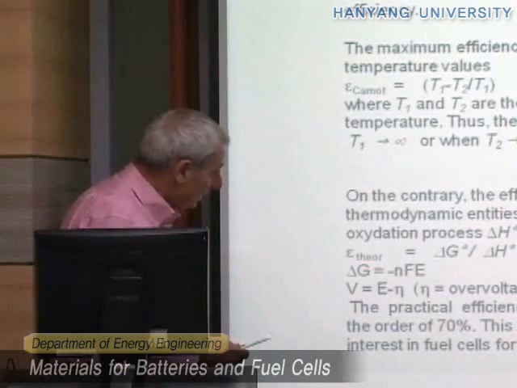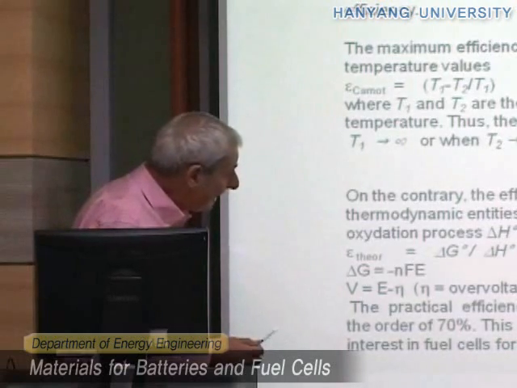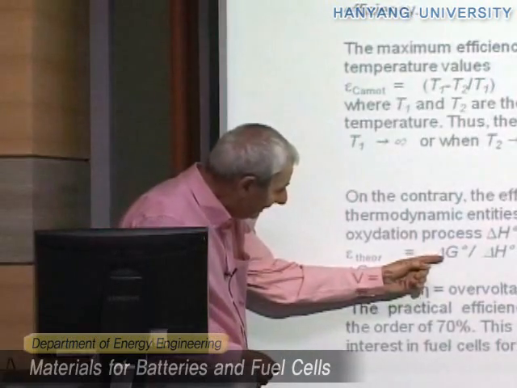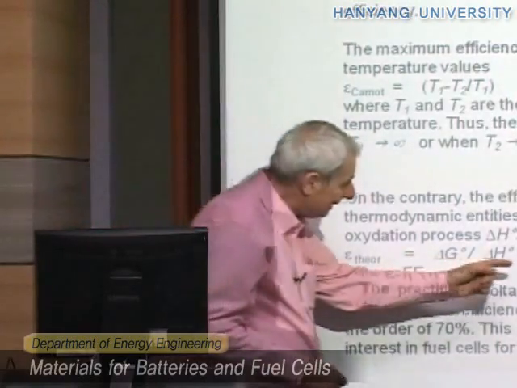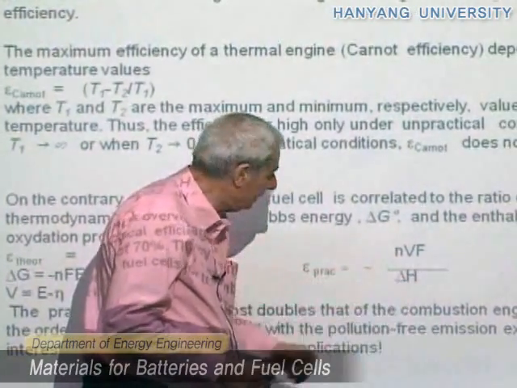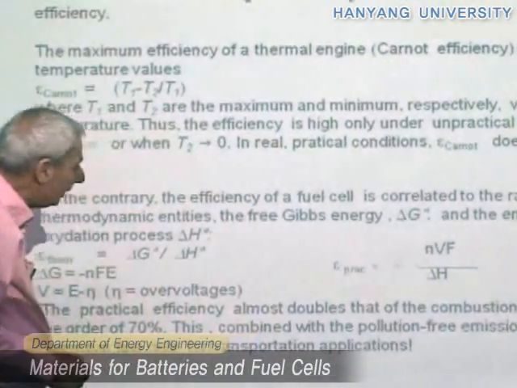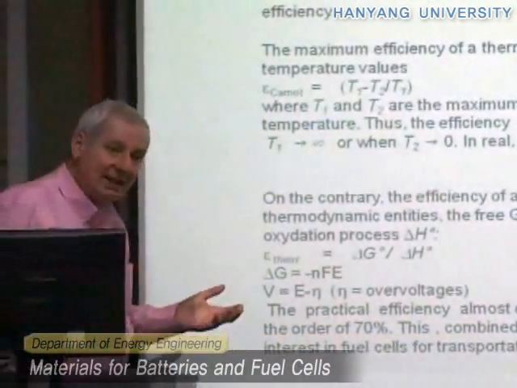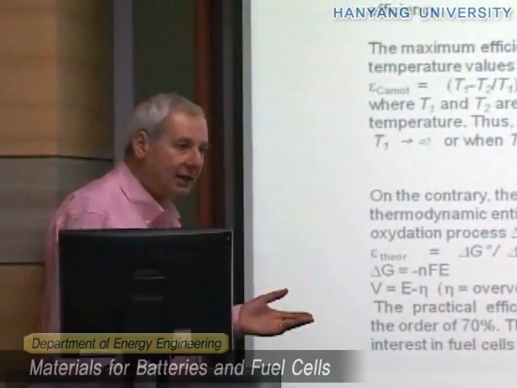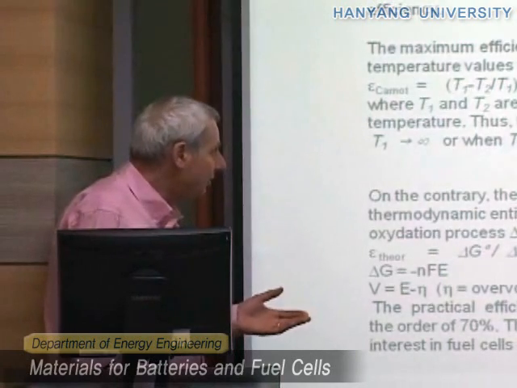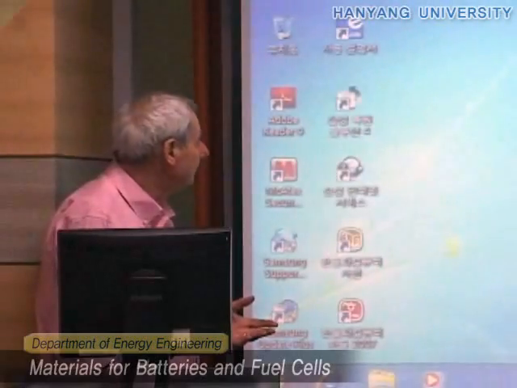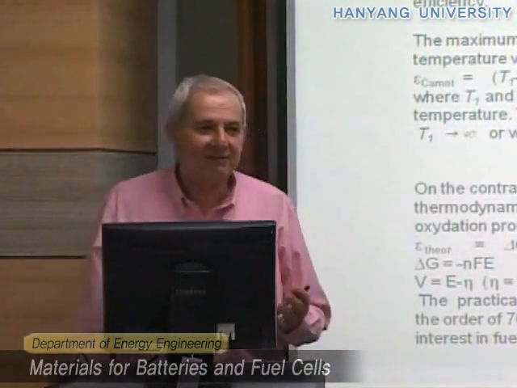So for the practical energy, we have to substitute delta G0 with nFV, where V is then the actual voltage. But even in this case, the efficiency of an electric engine like a fuel cell is of the order of 70%. So much higher, so we will save the environment.